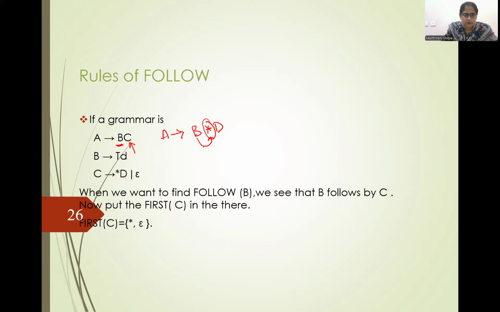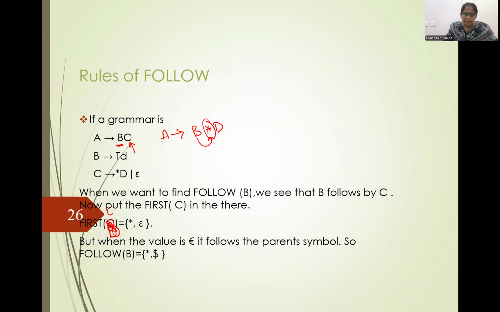That means follow of B is equal to star. But when the value is epsilon, see, first of C is star comma epsilon.